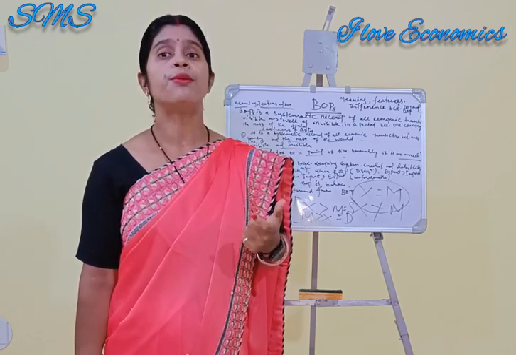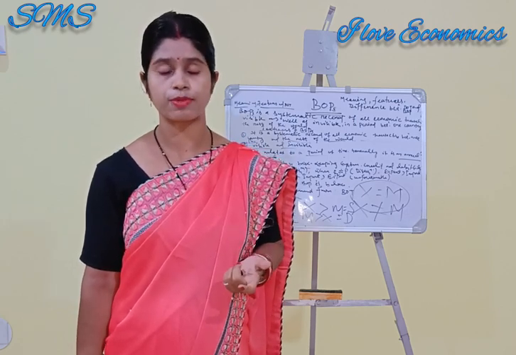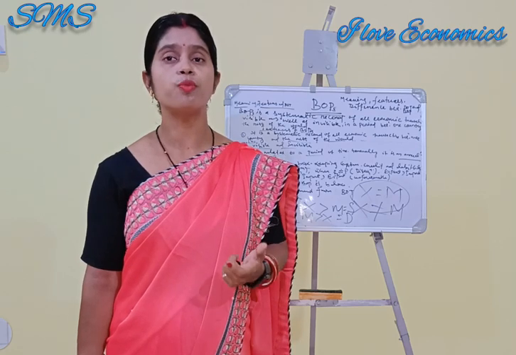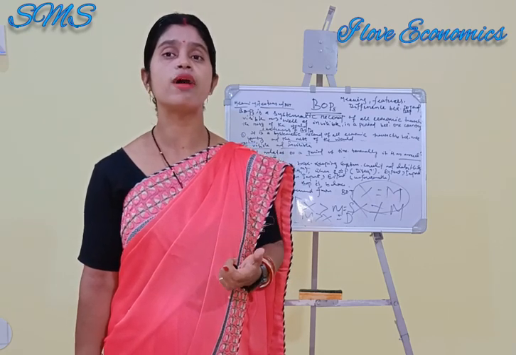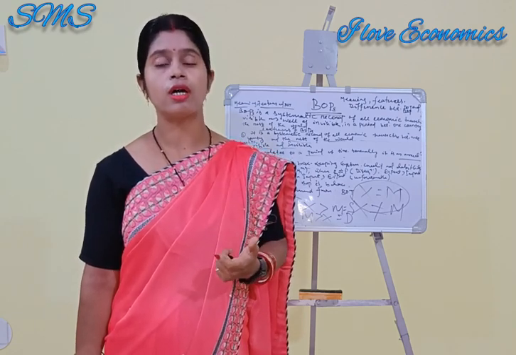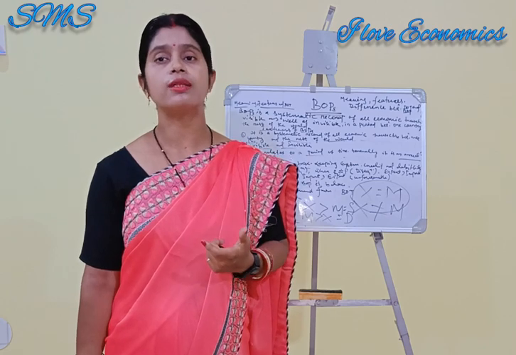For example, balance of trade is a narrow concept and balance of payment is a broader concept, because balance of payment takes into account both visible as well as invisible items, that is, material products and services. All types of things come under the balance of payment.